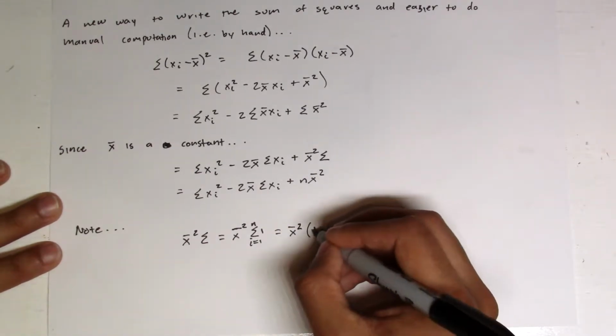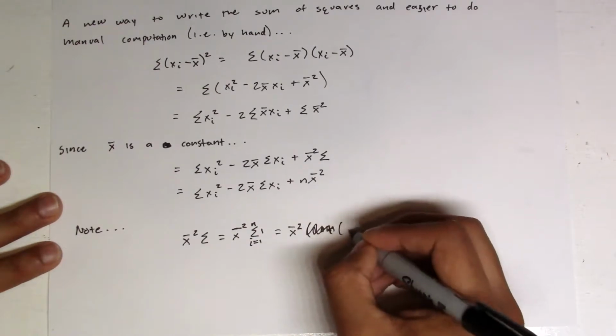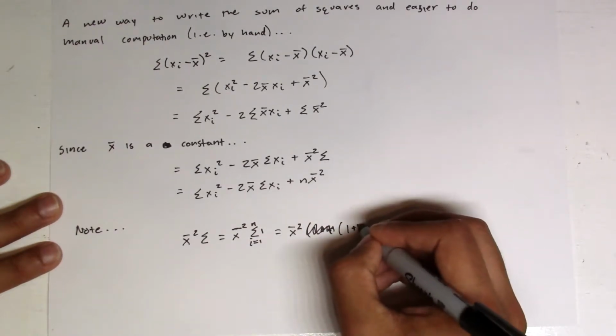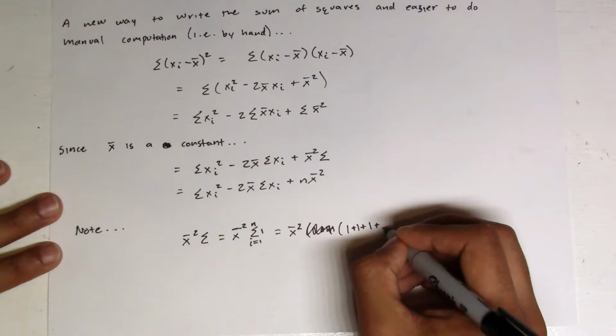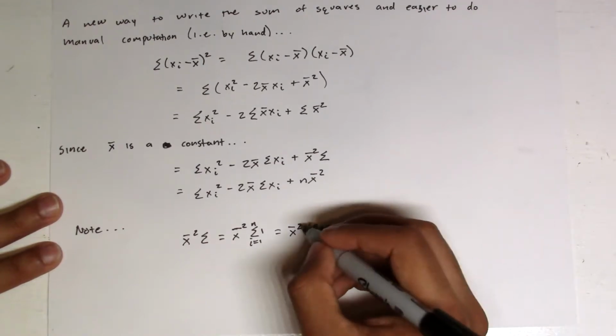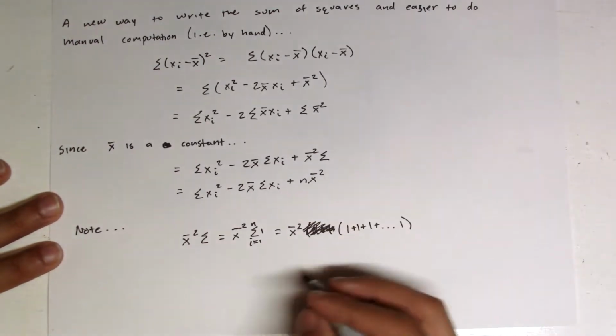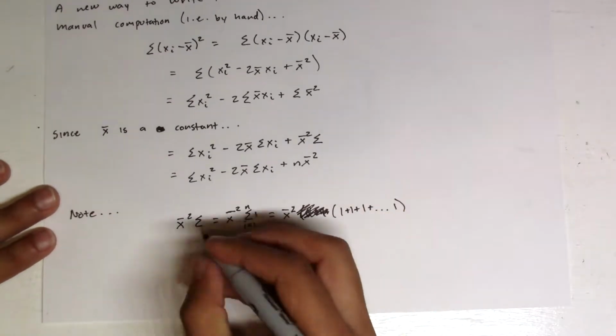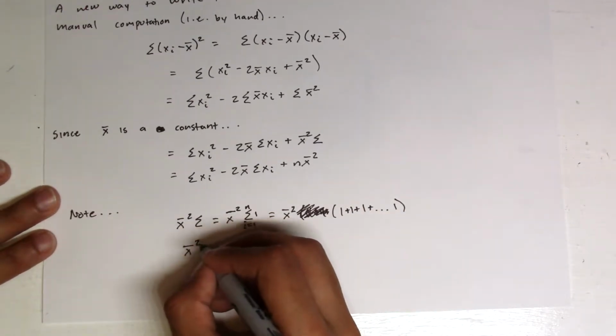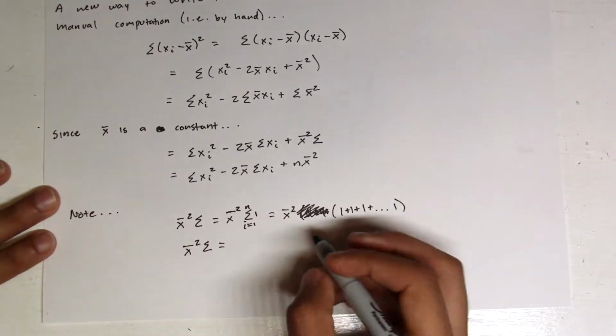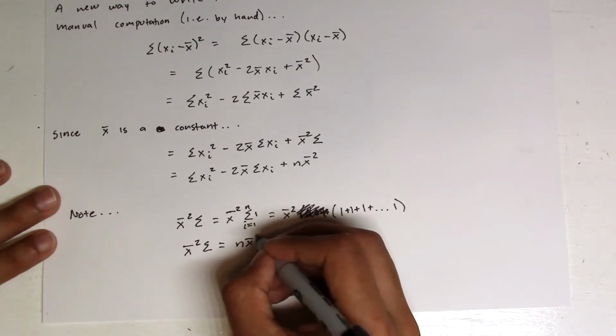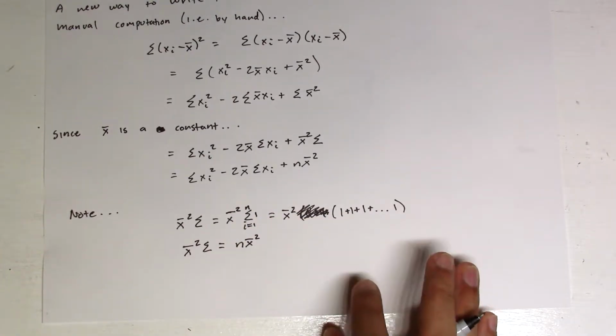Sorry about this, this is really sloppy. 1 plus 1 plus 1, and we do that n times. So we can rewrite this equation as simply n x bar squared. Hopefully that makes sense.